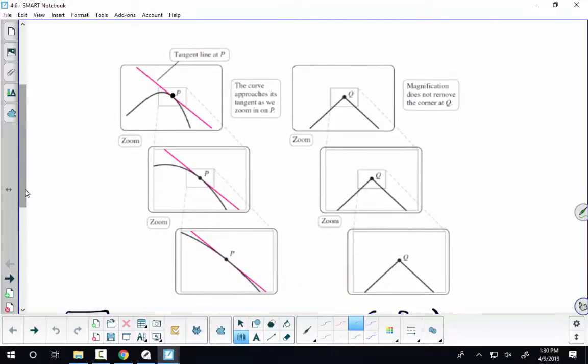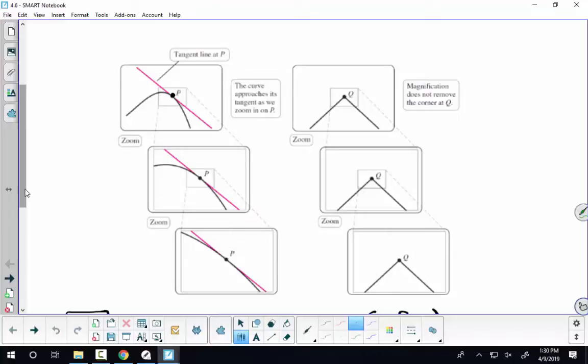We'll mention it, but the idea is that if I look at a function, say this curved function here, as I get closer and closer to any particular point on the curve, the function looks more and more like a line. It looks more and more straight. So this red line here at P on that function is what?